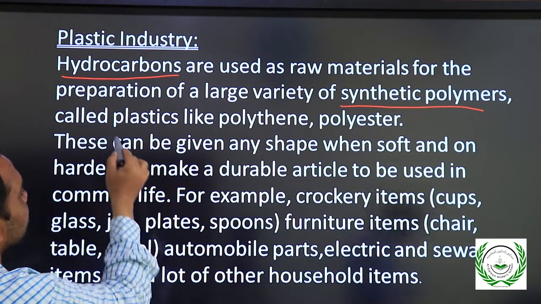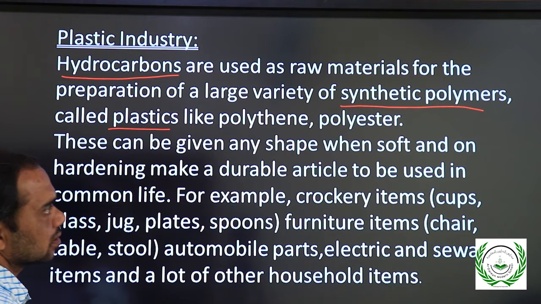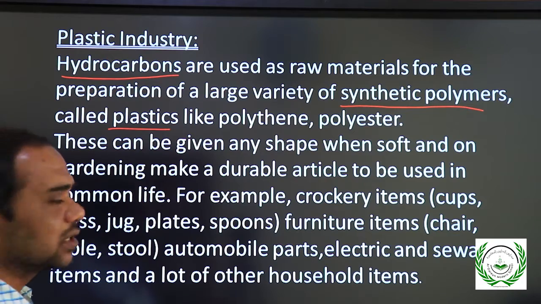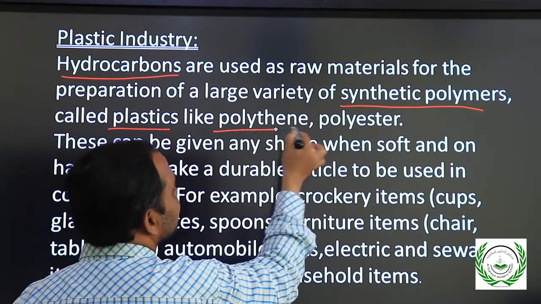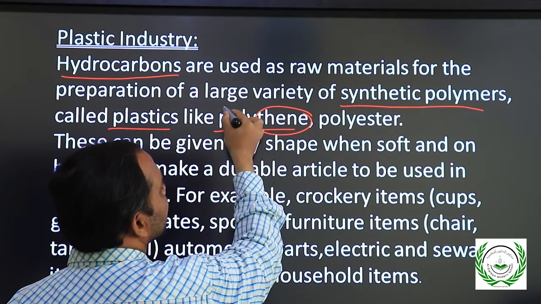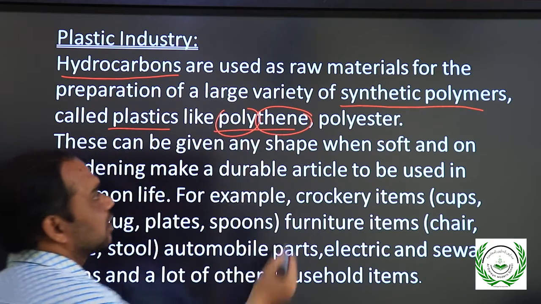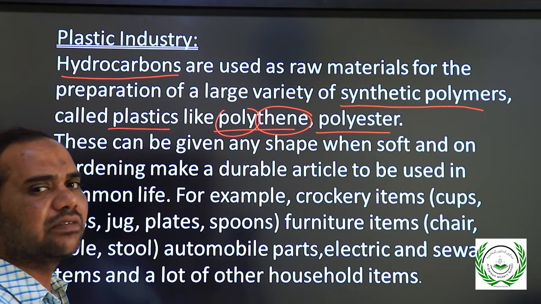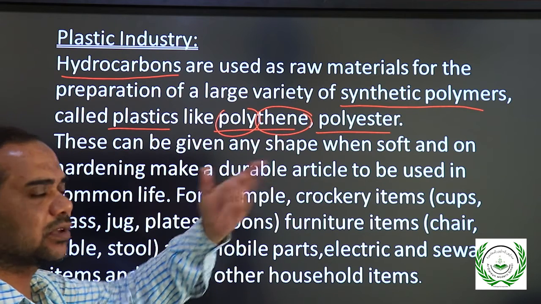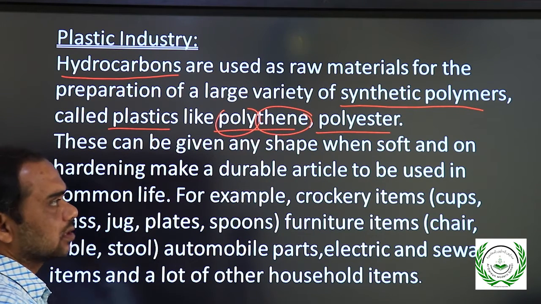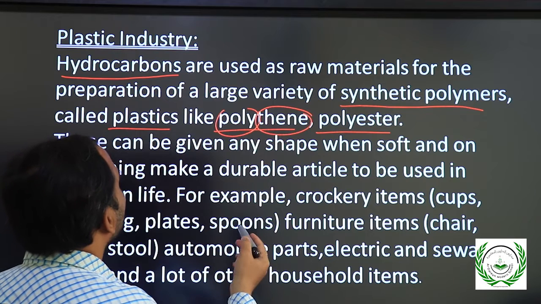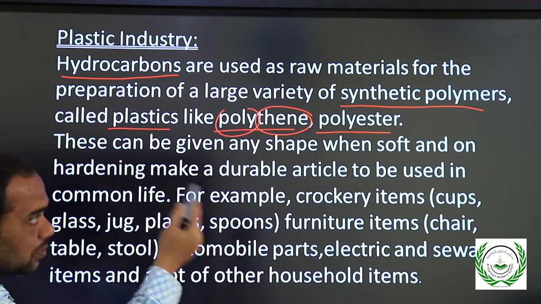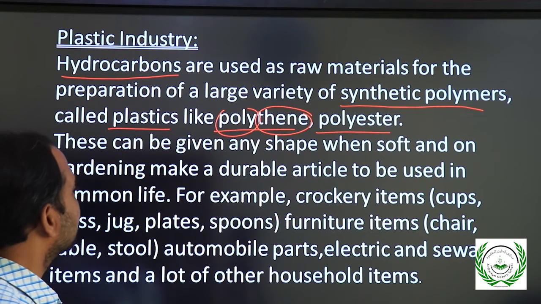Those synthetic polymers are called plastics. In Somali the cover which we call ba is a polythene cover. Many ethenes join and become polythene. Next, polyester clothes, PVC, polyvinyl chloride, the drainage pipes, the water pipeline pipes, the water tanks, those all are from the plastic industry, made from hydrocarbons.